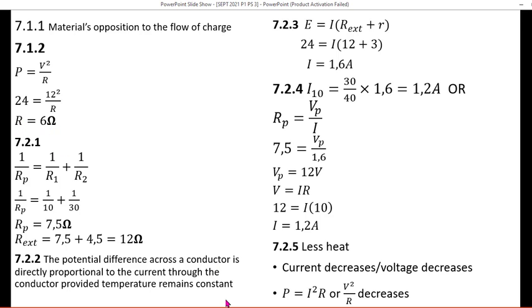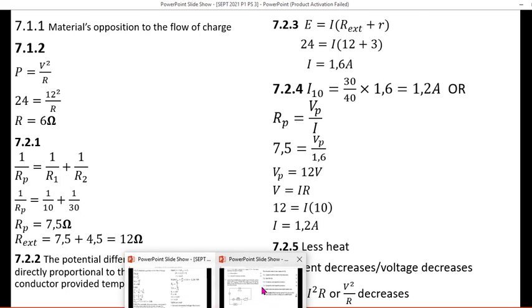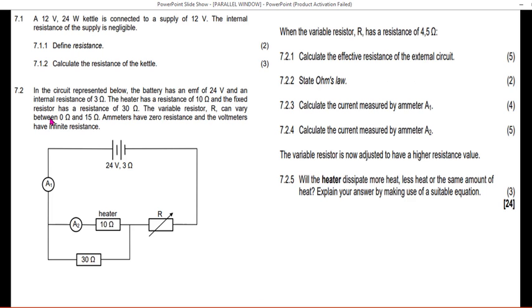Then let's read the next question. In the circuit represented below, the battery has an EMF of 24 volts and an internal resistance of 3 ohms. This is a battery with a 24 volts EMF and an internal resistance of 3 ohms.